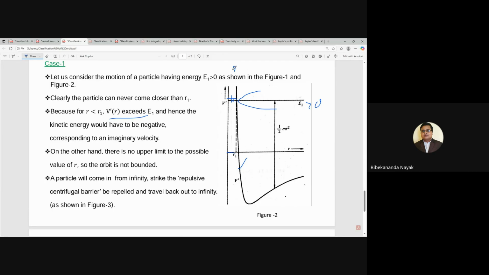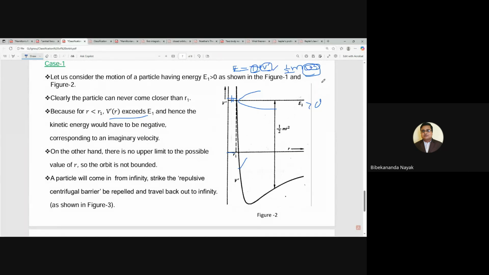Total energy is kinetic energy plus potential energy, here T plus V prime. If V prime is greater than T, you will get minus. If V is the larger quantity and equals E, it will subtract T. Half m v square, half is a positive quantity, mass is a positive quantity. So obviously velocity square will be negative. But velocity square never becomes negative. So it is impossible to go beyond that.